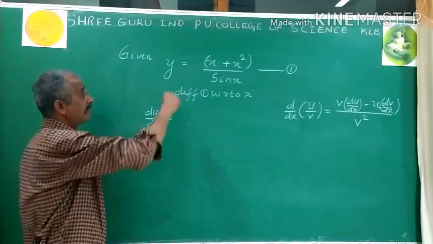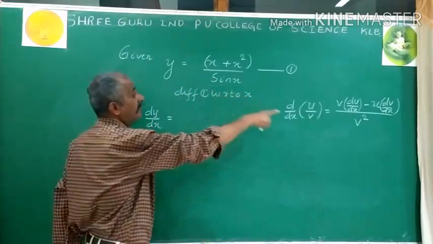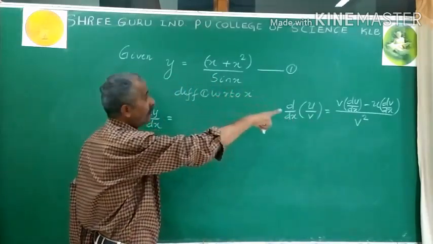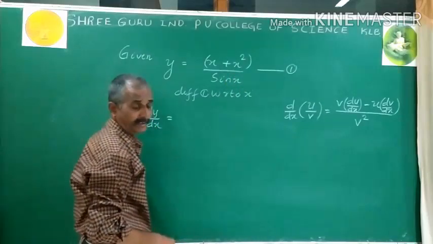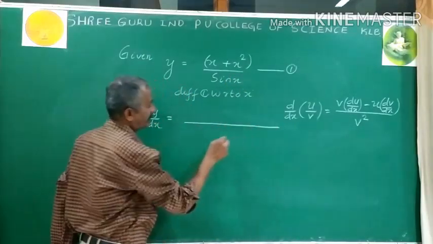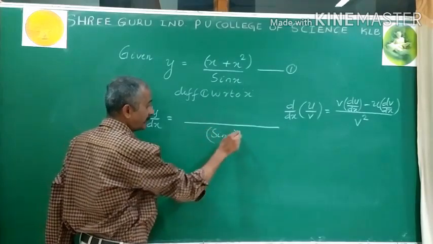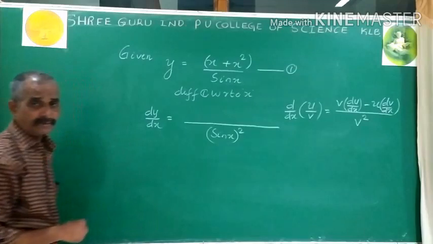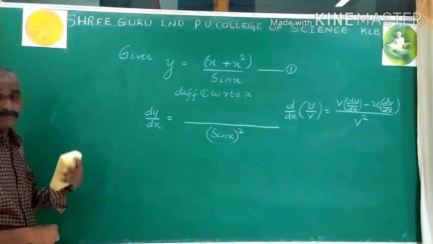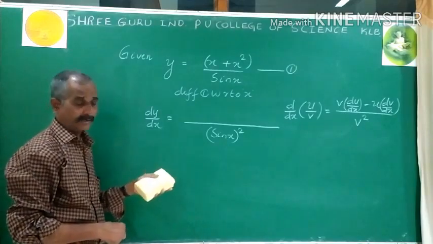When you compare your problem with this formula, obviously v is sin x, and u is x plus x square. So let's adopt the quotient rule. First write sin x whole square. As you know in trigonometry, sin x whole square can also be taken as sin square of x. That's your choice. You can write either sin x whole square or sin square x.